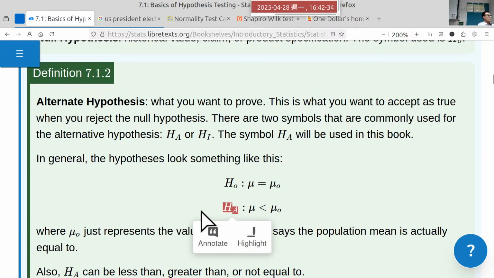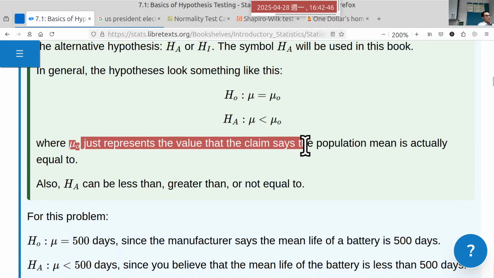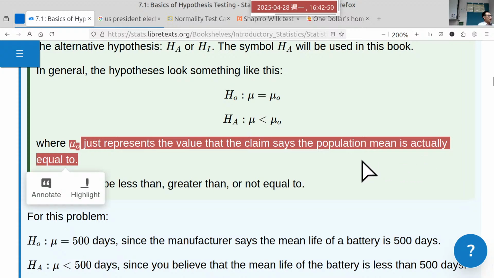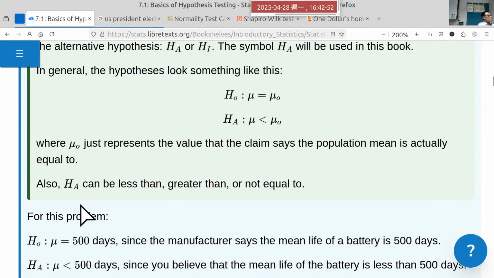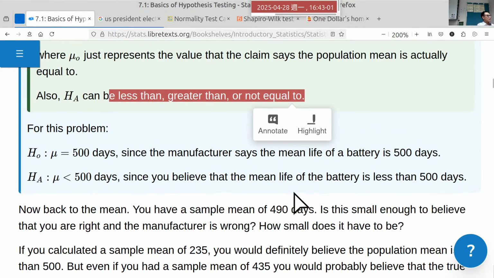Alternate hypothesis, mu, the population mean, less than mu0, where mu0 just represents the value that the population mean is claimed to be equal to. Okay, the second one. Also, HA can be less than, greater than, or not equal to. Okay, let's move to the next one.